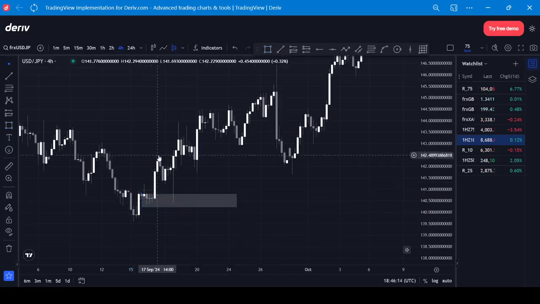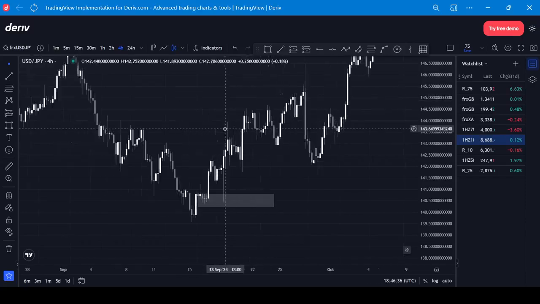So what do we see price do? Price comes down to this demand level and then plenty of people buy it from here. They bought USD JPY from this demand level. Then we see the market go up again.